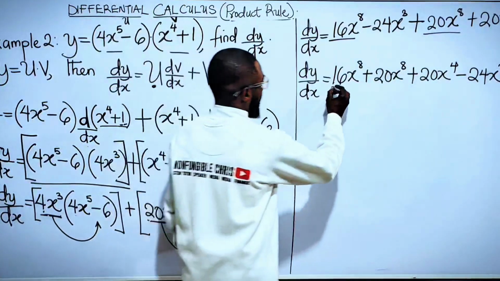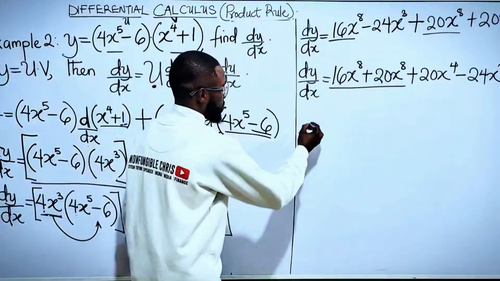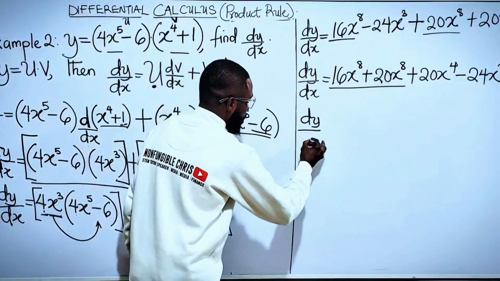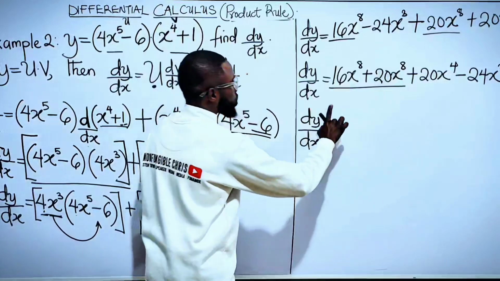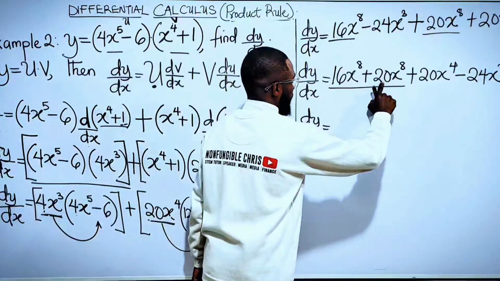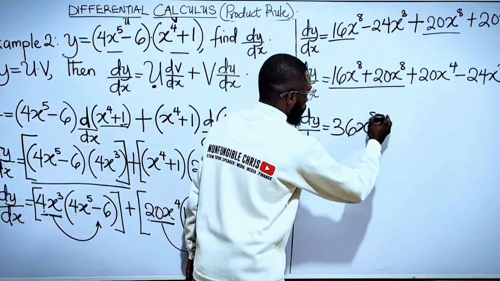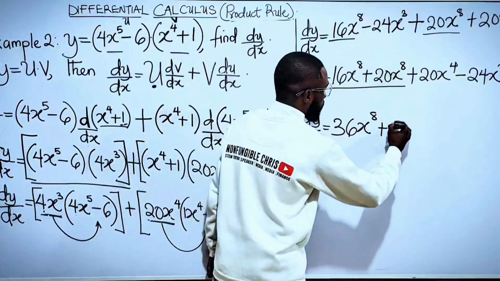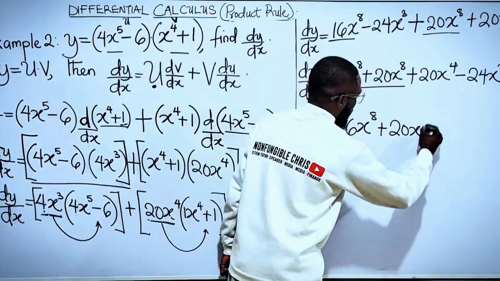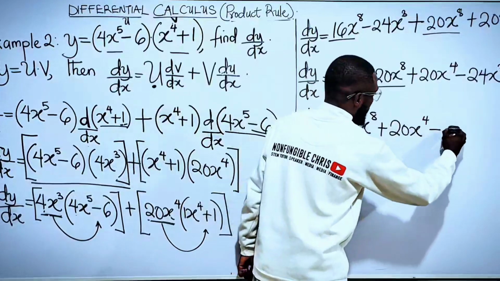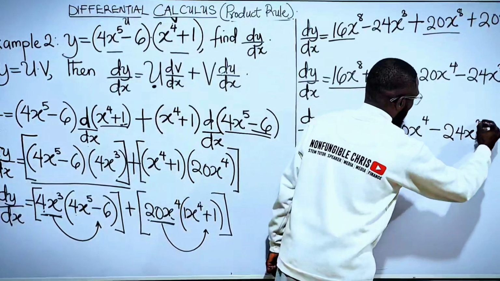So from here, let's add this guy because they both have raised to the power of 8. So we have dy over dx gives us what? 16 plus 20, that gives us 36. So we have 36x raised to power 8 plus 20x raised to power 4 minus 24x raised to power 3.